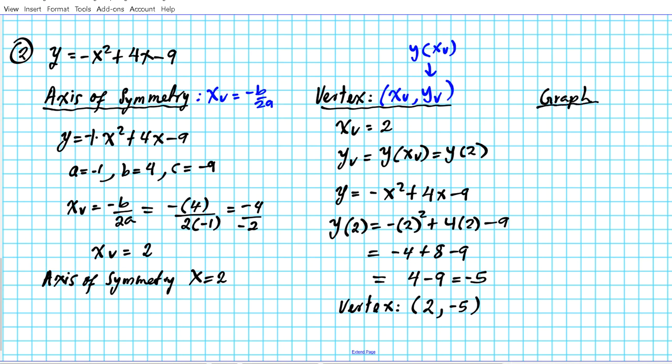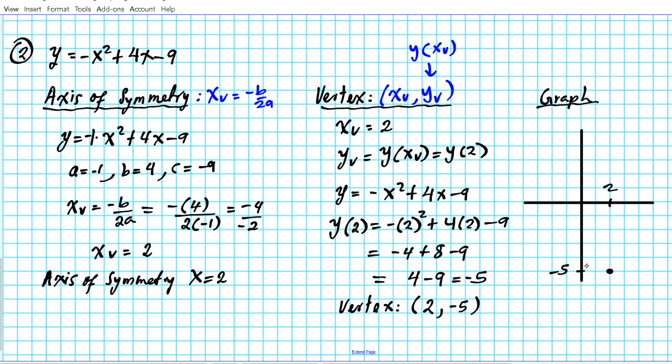Now, the vertex has a positive x and a negative y, so we're going to be in quadrant number 4. Okay, so we're just going to go 2 units to the right and 5 units down. So put a point right here.